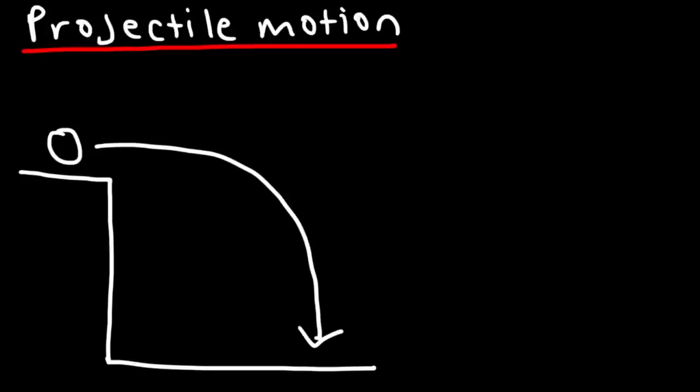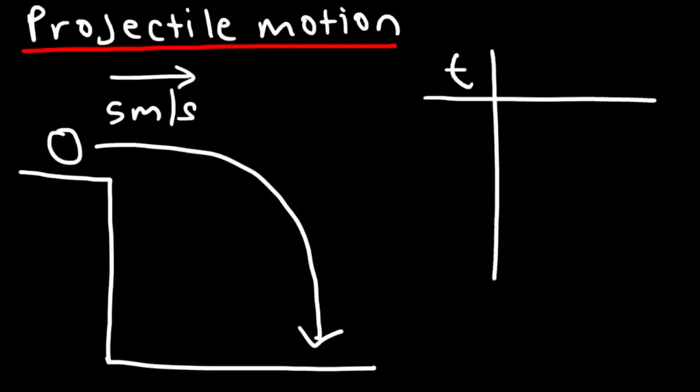But now let's say the ball was kicked off the cliff at a speed of, let's say, 5 meters per second. So what can you tell me about the vertical and horizontal components of the velocity of the ball at different times? So let's make a table between t, Vx, and Vy.